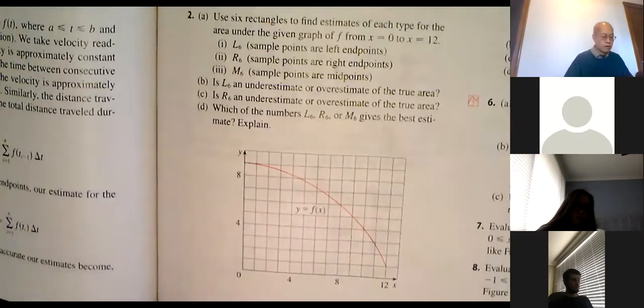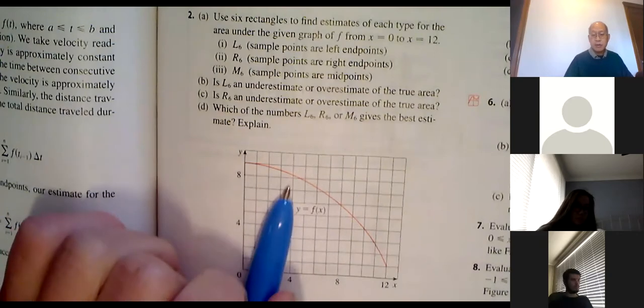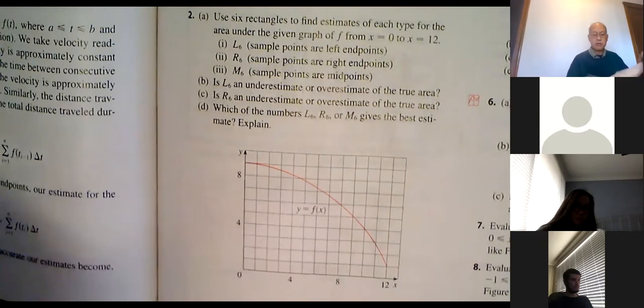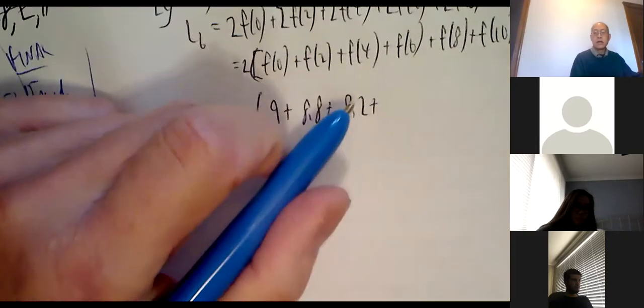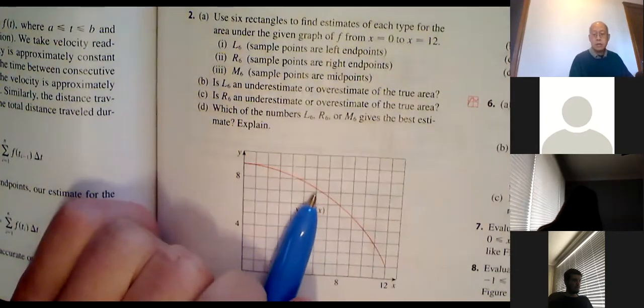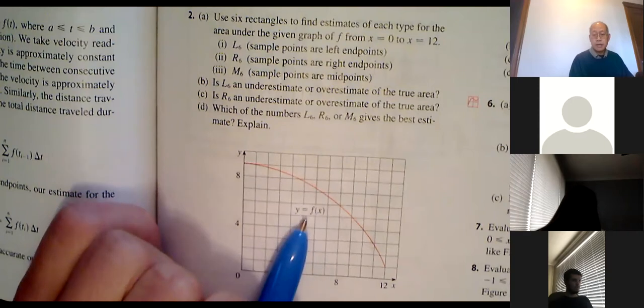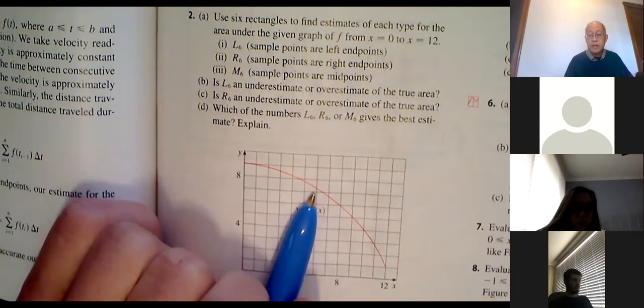The height at 4. Okay, it's a little bit more than 8. I'm going to say 8.2. f of 6. Let's see. That's 5, 6, 7. So a little bit more than 7. Not quite half.